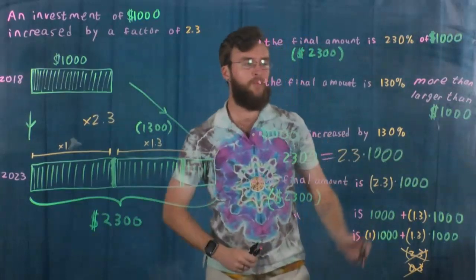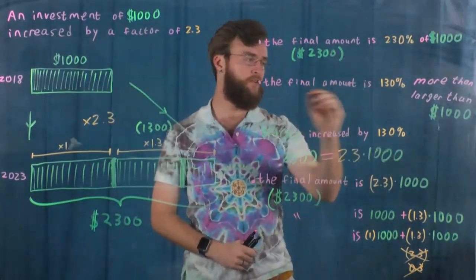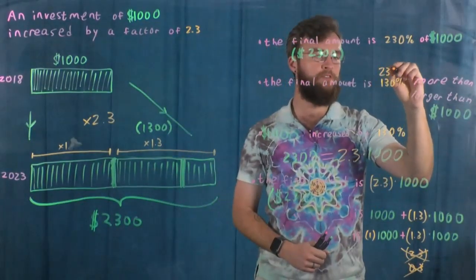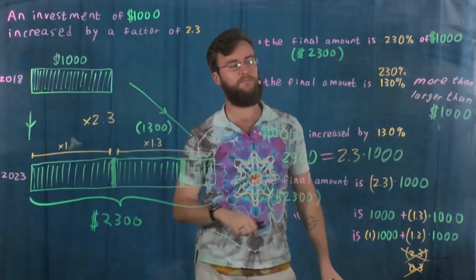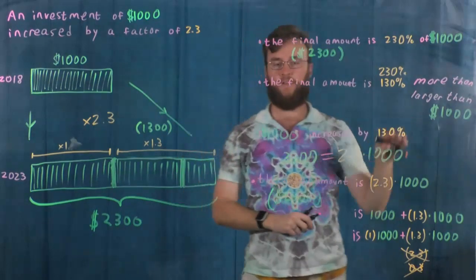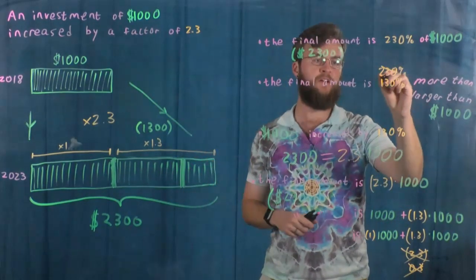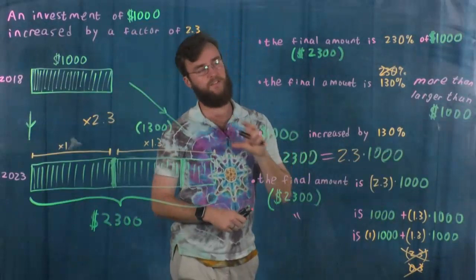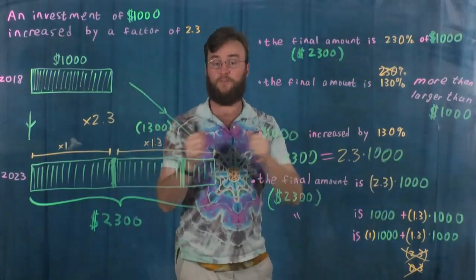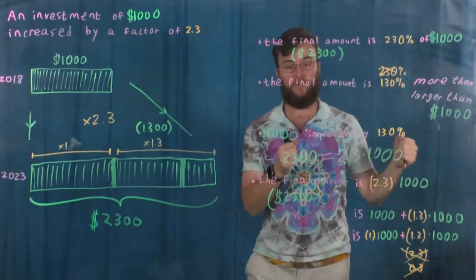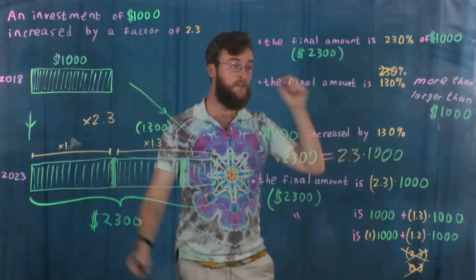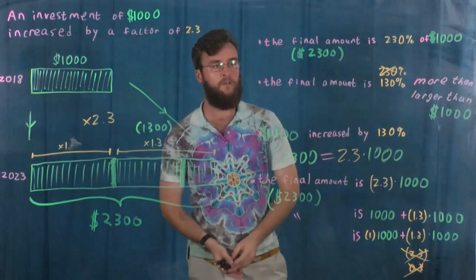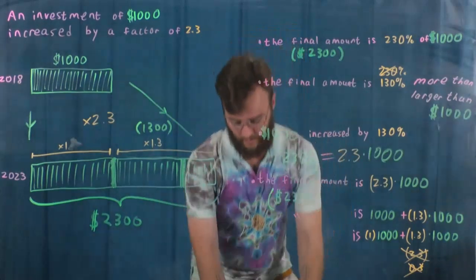And then similarly, you might have the final amount is 230% more than $1,000, which isn't correct either. That would be saying that you invested $1,000, it grew by 2,300, and the final amount was $3,300. All right, that's how you do the investment problem.